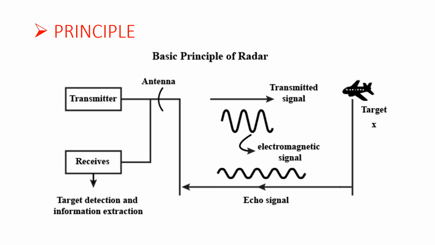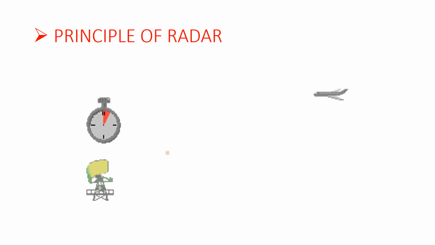The radar receiver captures the returning echoes and analyzes the time delay to calculate the distance. This is an animation describing the basic principle of radar. It includes transmission and reception, and in between it notes the time for the process.